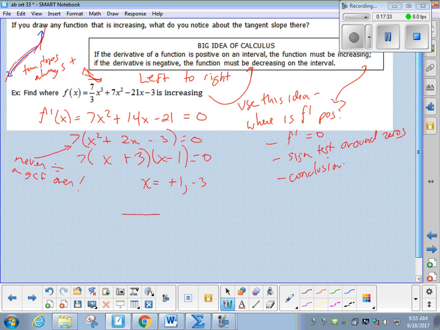So now we go on and say, all right, I have zeros of f prime at negative 3 and 1. Give me a test point below negative 3. Negative 5. Okay. 7 times negative 5 plus 3 times negative 5 minus 1 is 7 times positive, positive, which is positive.